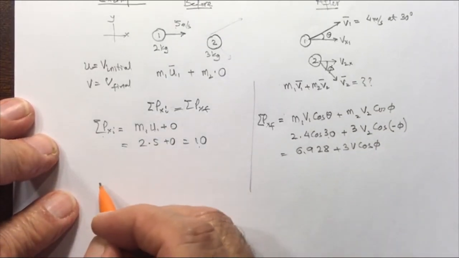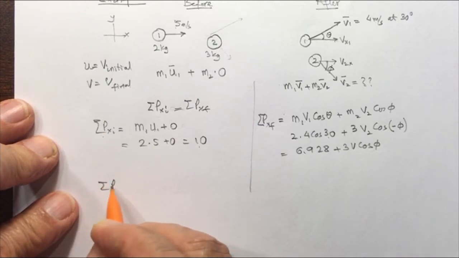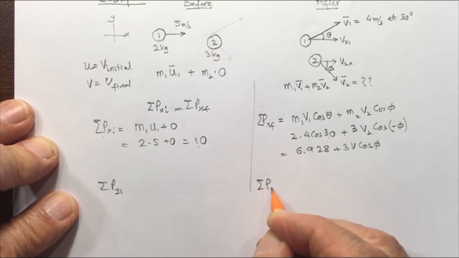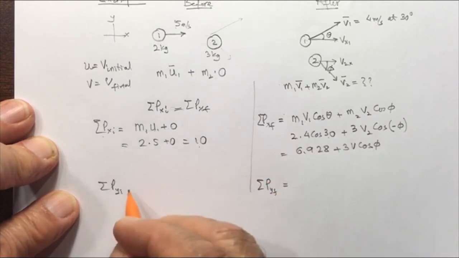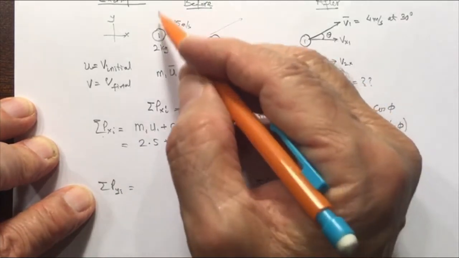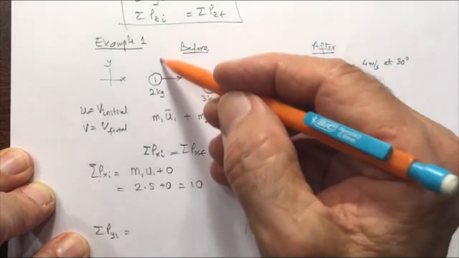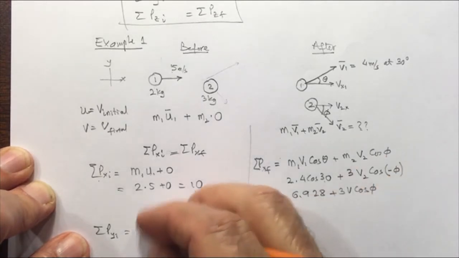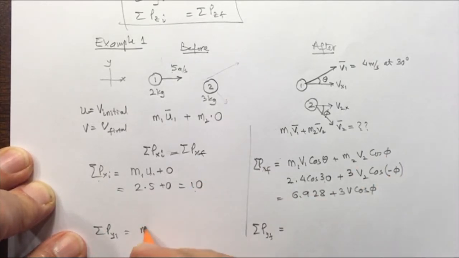Now we write the other equation, which is the sum of momenta in the y direction, initial equal to final. So here we'll add the py final. In the y direction there's no initial velocity, so let's write the equation first: m1 u in the y direction, and this is already zero, and this is also 0, so it's going to be 0.